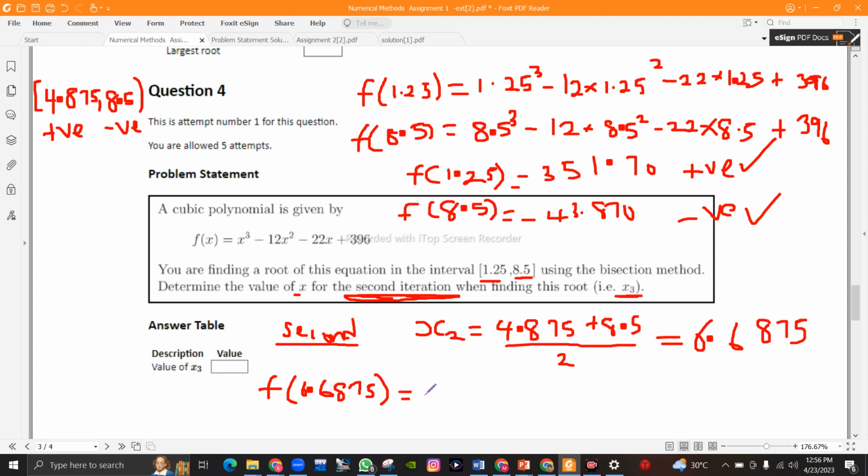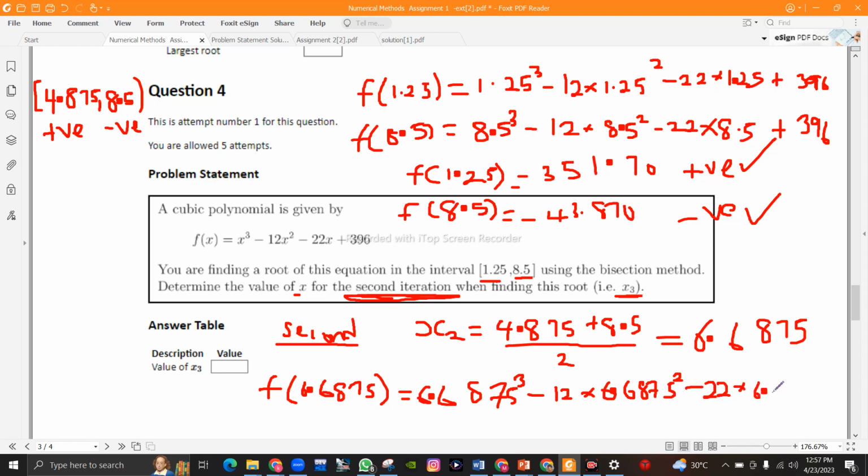That will be 6.6875 raised to power 3 minus 12 times 6.6875 raised to power 2 minus 22 times 6.6875 plus 396.